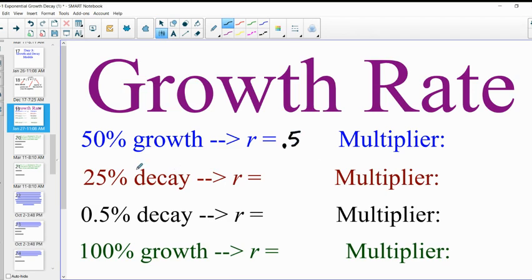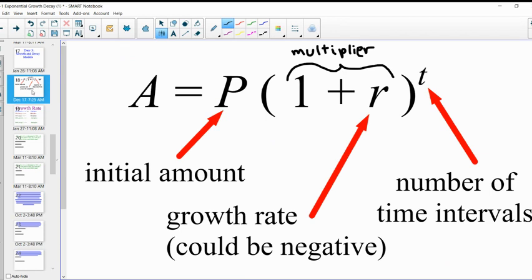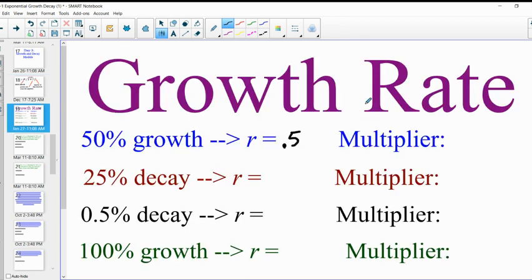And then our multiplier from that equation, 1 plus that growth rate of 0.5, we'll call that just 1.5. And if we think about it in terms of these problems, 50% growth means that it increases by half, and increasing by half would be the same thing as multiplying by 1.5, the original plus that extra 50%.